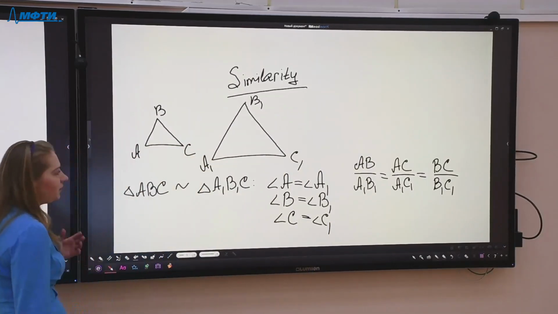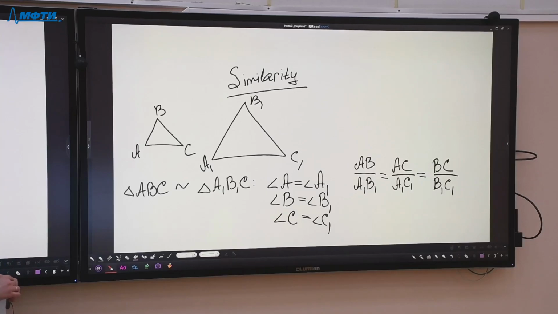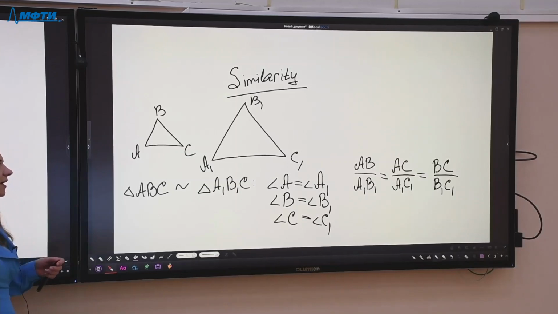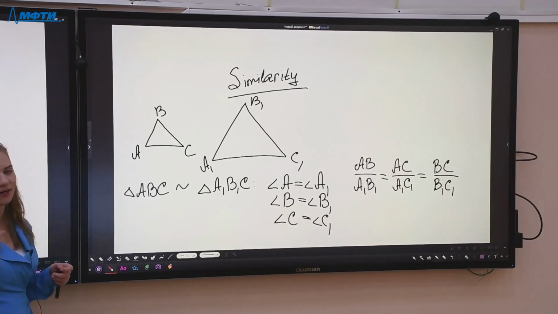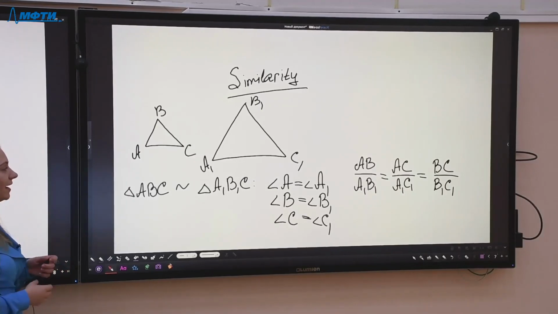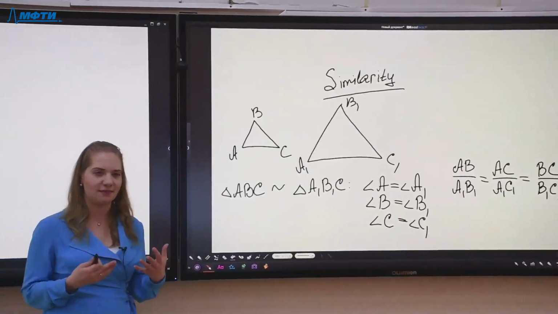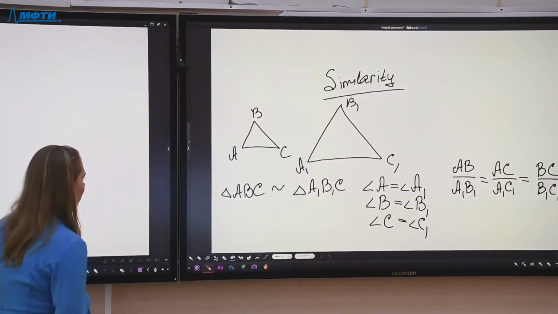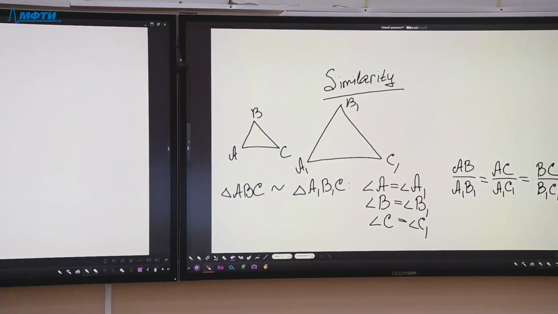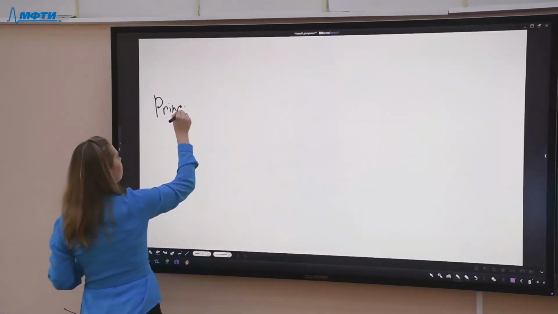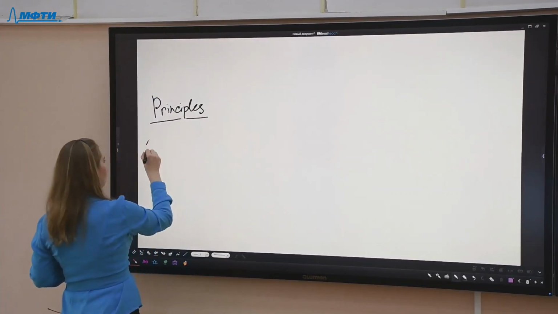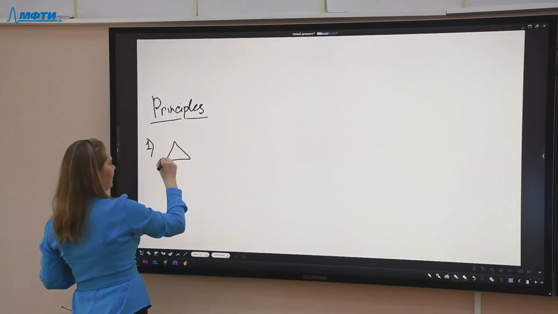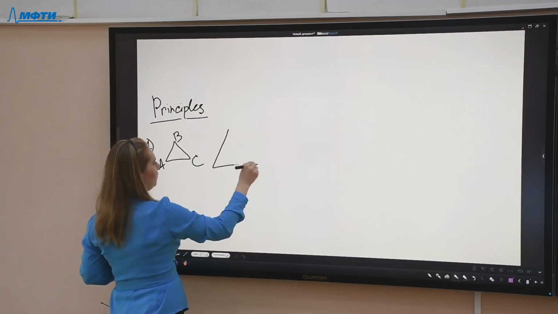But usually it is technically complicated to show that two triangles have three congruent angles and their sides are in proportion. Right, so we have three cases, three principles of similarity of triangles. So the first principle, ABC, A1B1C1.